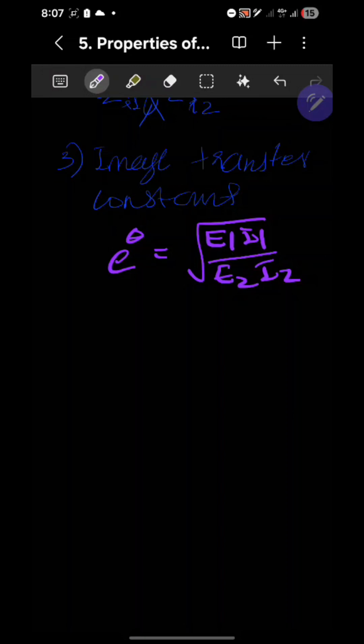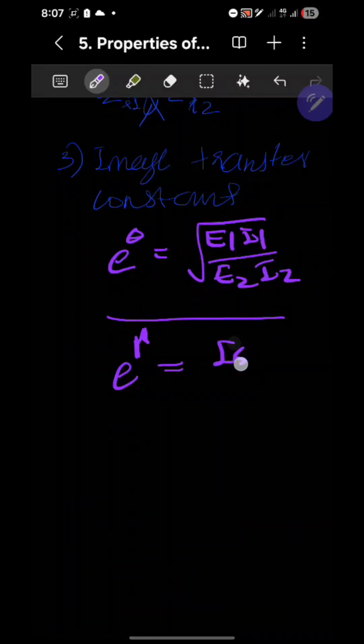We are not going into details about this one, but just for comparison with the symmetrical network, where we have a similar term, that is the propagation constant, e raised to gamma is equal to IS by IR. This we have already seen. Here I1 corresponds to IS because it is the sending primary side current. I2 corresponds to IR because it is the secondary port or receiving side current.